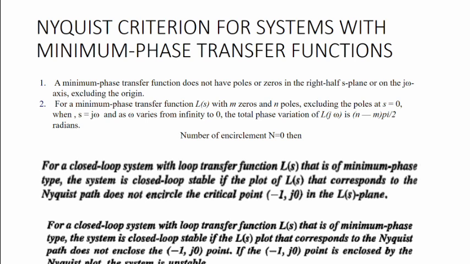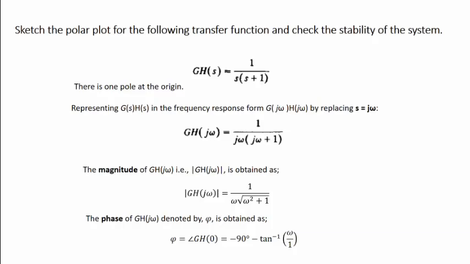Now this is the theory of Nyquist stability criteria. We can very easily identify whether the system is stable or not, and we will see one example to understand it properly. Let us consider the polar plot for the transfer function and check the stability of the system.